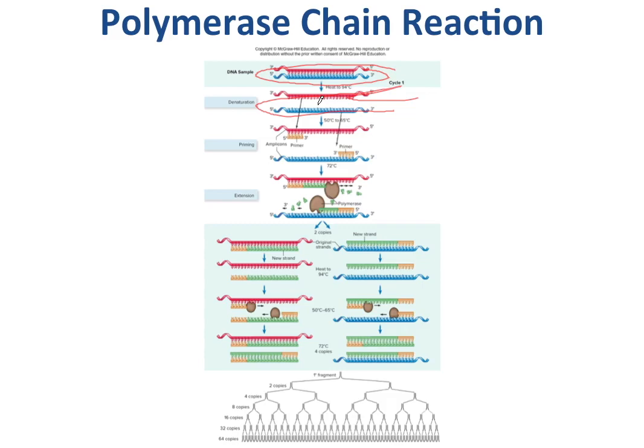Then the PCR decreases the temperature to 70 degrees to allow the primer to attach to the DNA fragment and set up the location for replication, and then the DNA polymerase can start replication from the primers.